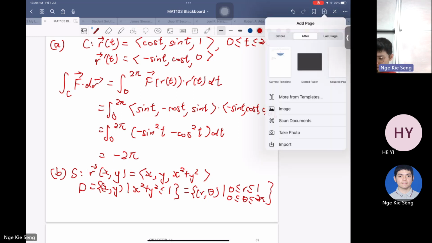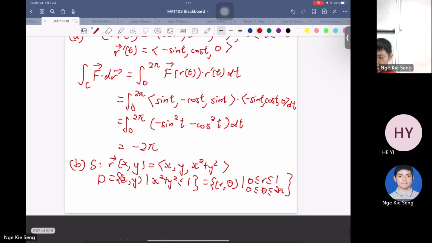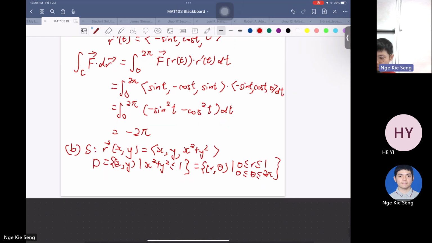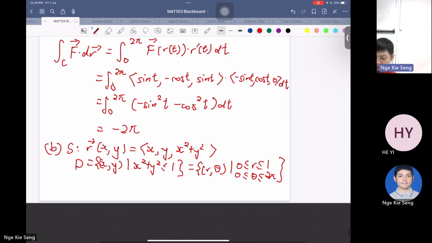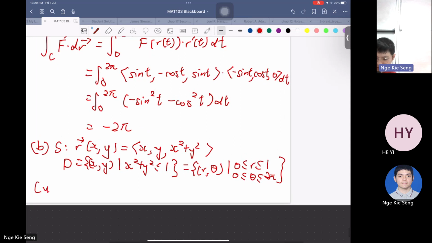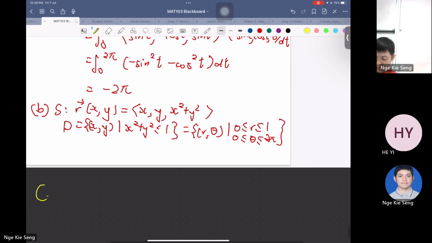So what else do we need? We haven't computed the curl yet. What is the curl of my vector field? How is the curl defined? For a vector field, it is the cross product between the gradient operator and the vector field.